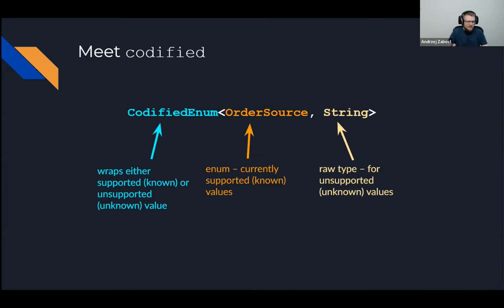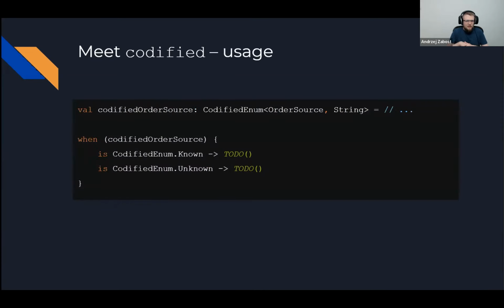And when you have this CodifiedEnum variable somewhere in your code, like here, it doesn't matter where we got it from for now, for this example, you can use this when statement or when expression to check whether this CodifiedEnum holds a value that is known to us or unknown.